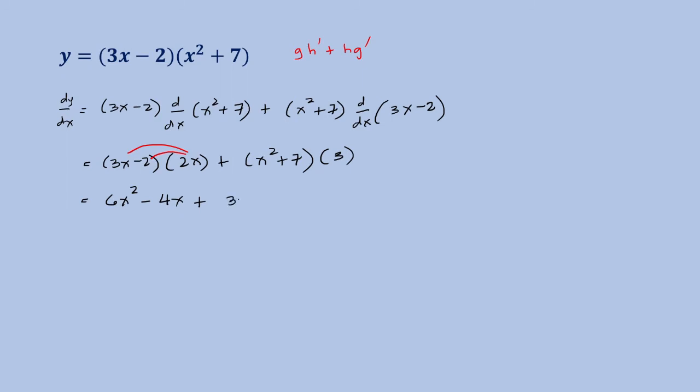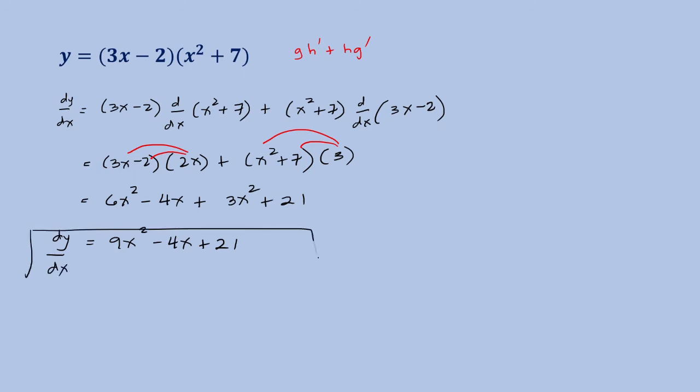So that would be 3x squared plus 21. So we need to multiply 3 to x squared and 7. Simplifying, 6x squared plus 3x squared is 9x squared, and then minus 4x plus 21. So this is the derivative of the given function.